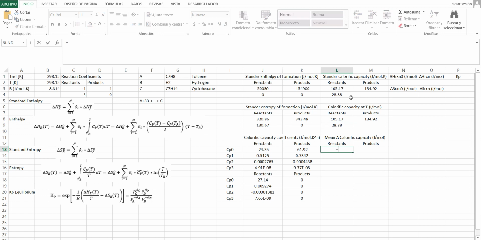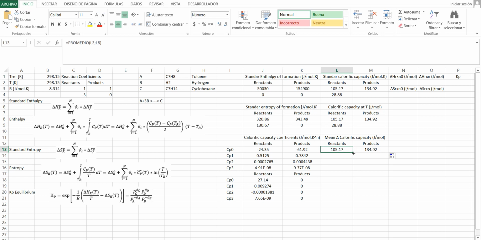So it would be just the mean of the CP value evaluated at the reference temperature, that would be this one, and the CP value evaluated at the temperature that we decide as users, this one. And that would be exactly the same for the cyclohexane and hydrogen.